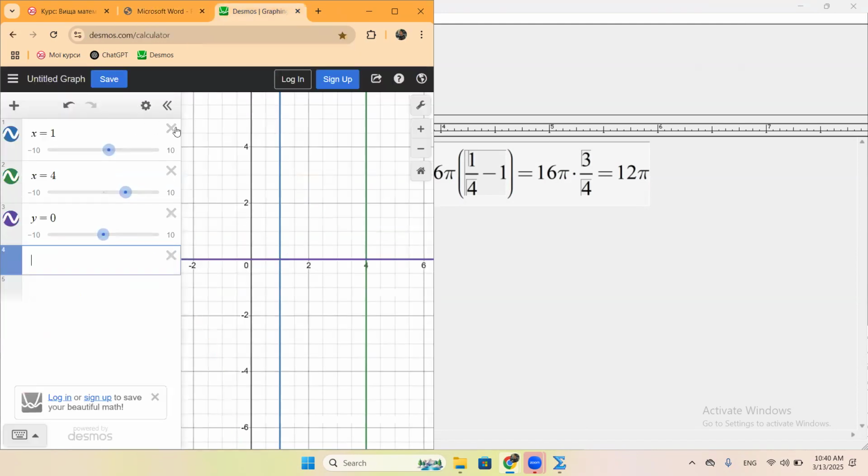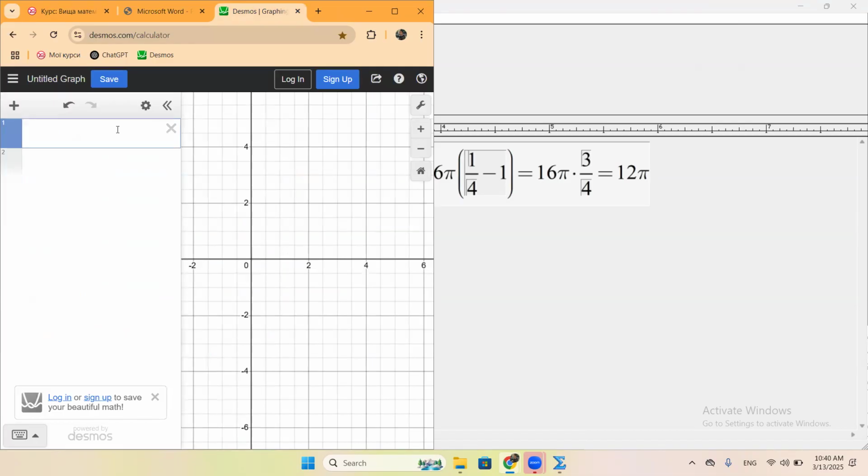So y equals x square, and x from 0 to 2.